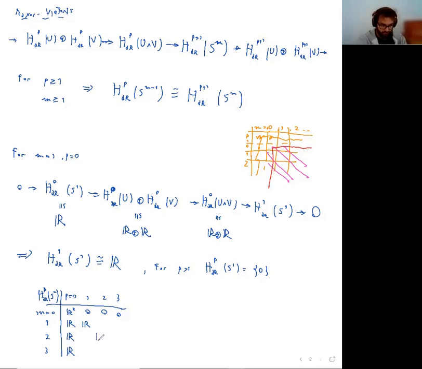So here we get R's on this diagonal because of this and this. So we can raise and lower the indices. Well, here we get zeros for dimensional reasons. This is all zero. So the diagonal is R's, and the upper part is 0 for dimensional reasons. So what we're missing still is what happens here.